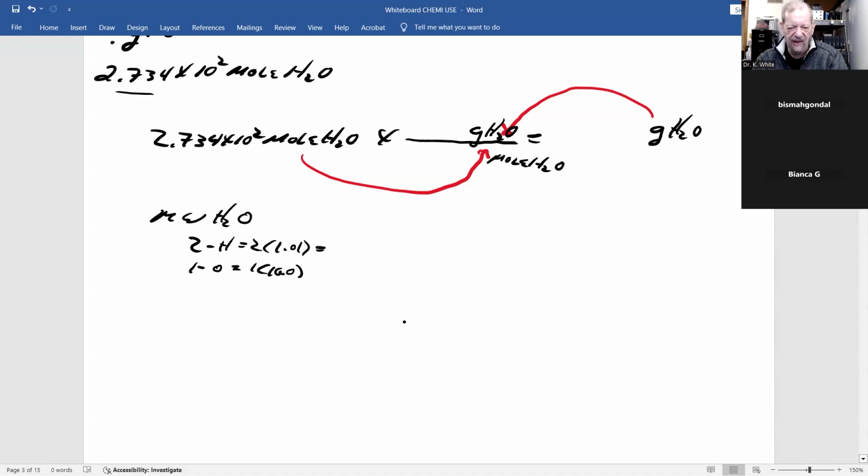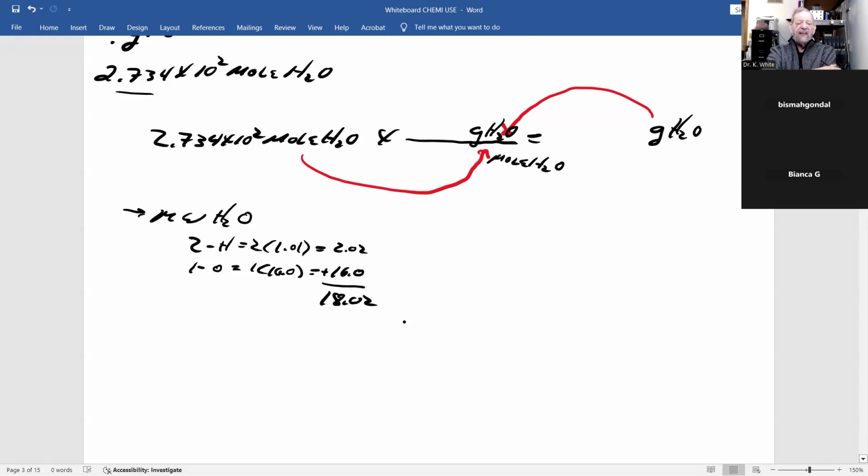I'll do the multiplication. 1 and 2 are exact numbers, so I don't have to worry about changing significant figures. Now, the molecular weight, MW, is the sum of all atomic weights. Well, that would be 2.02 plus 16.0.